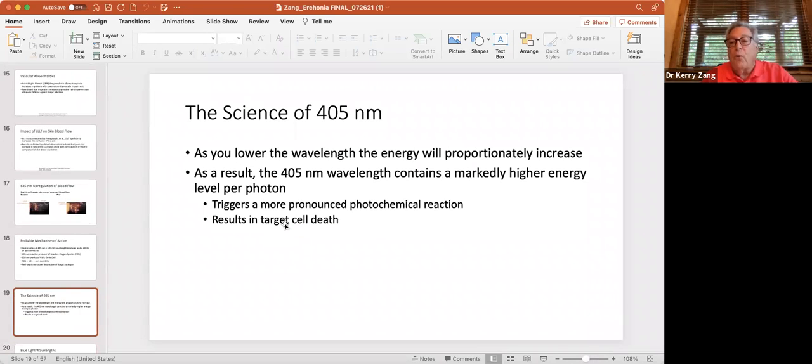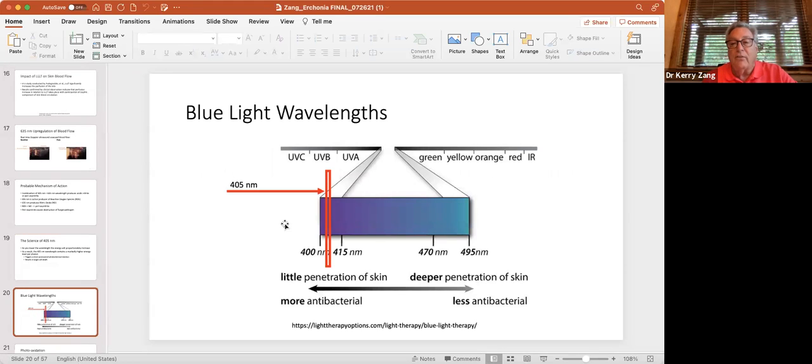So as you lower the wavelength, you increase the power. When you have a higher wavelength, you have deeper penetration. But the combination, and the 405 does trigger a pronounced photochemical reaction in the superficial cells, i.e. the fungus, and it results in target cell death.